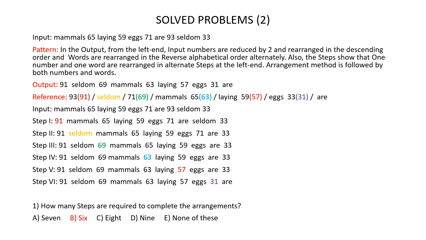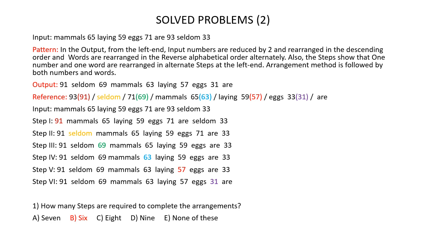The rest of the elements of step 3 are written as they are in the same order in step 4. The next element in the reference is laying. Now as you can see in step 4, laying is already in the sixth position from the left end. That is, laying is already in the correct position in step 4. So laying is already auto arranged in step 4.